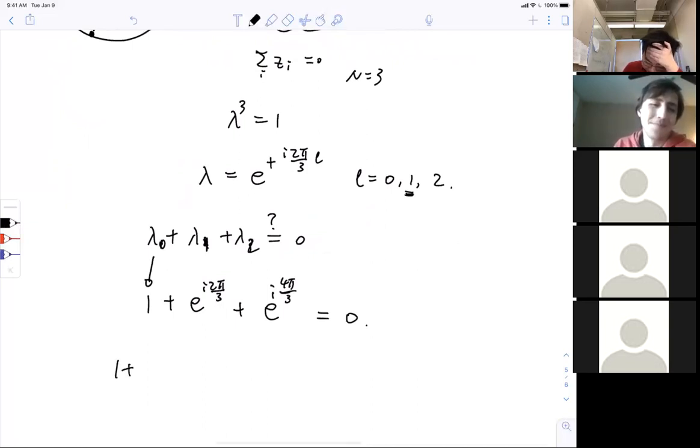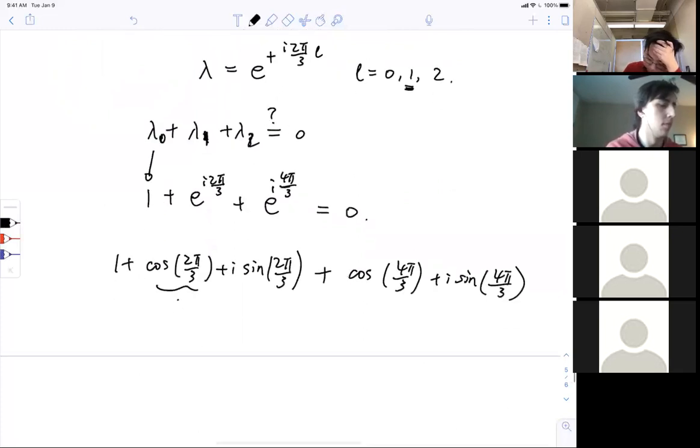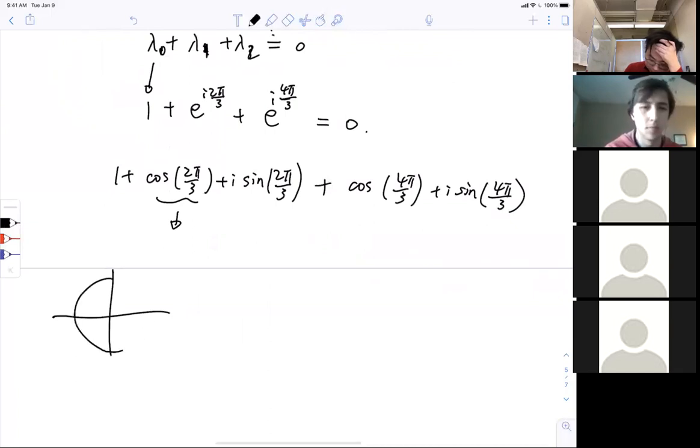You can show this as cosine 2 pi over 3 plus i sine, plus cosine, i sine. So this is, draw the diagram, right? This is minus 1/2.